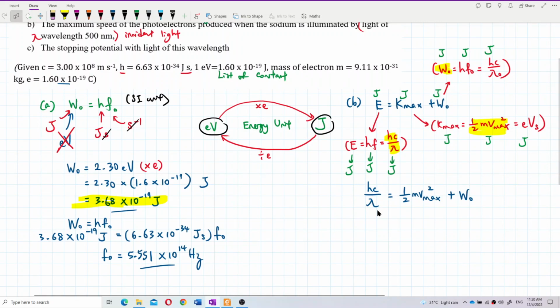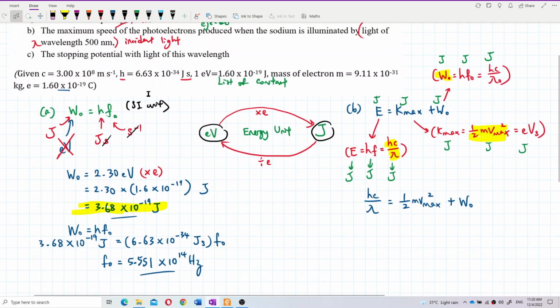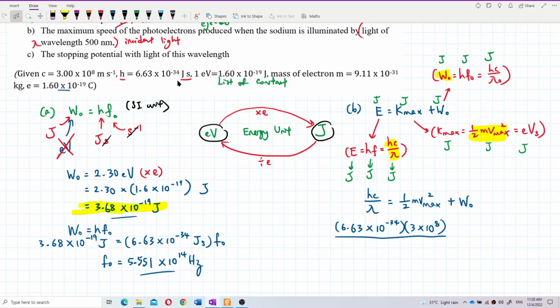Okay, my h is 6.63 exponent negative 34, in unit joule second. Speed of light c is 3 exponent 8, and then divided by the wavelength.